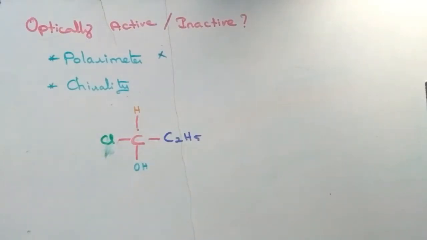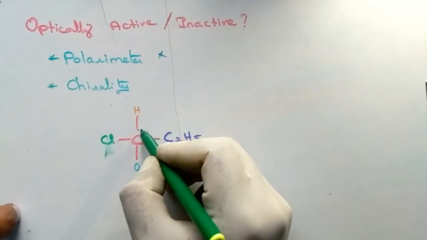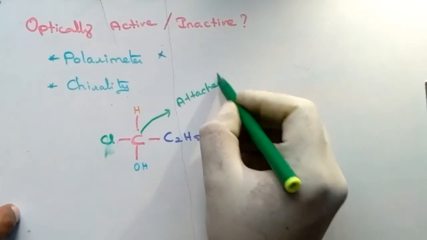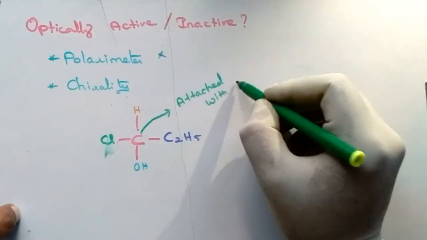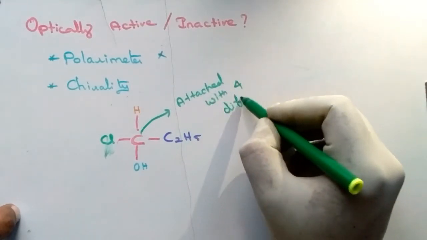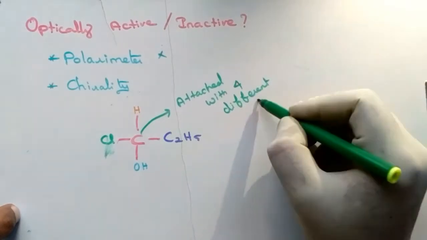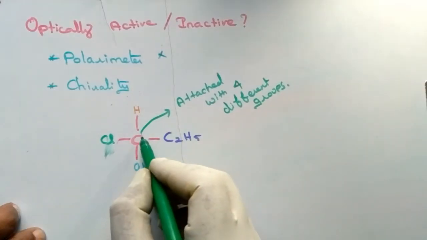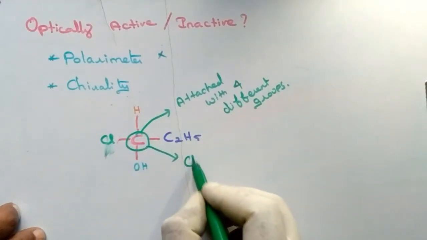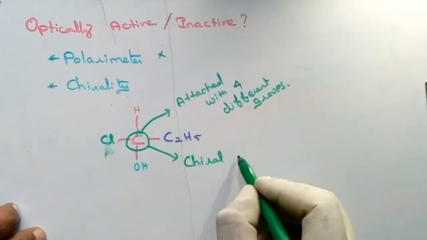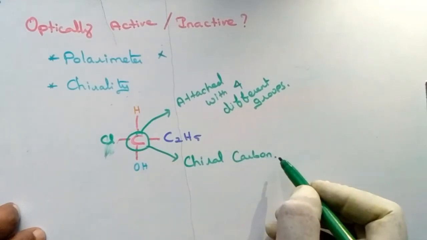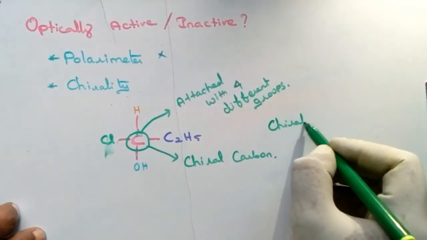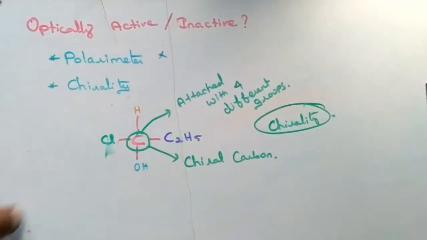So here this carbon is attached with 4 different groups.